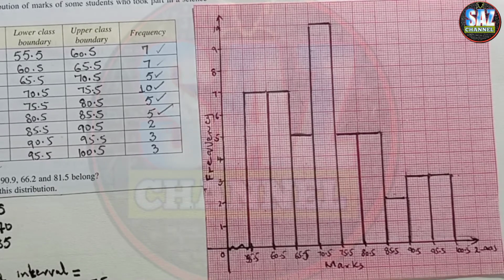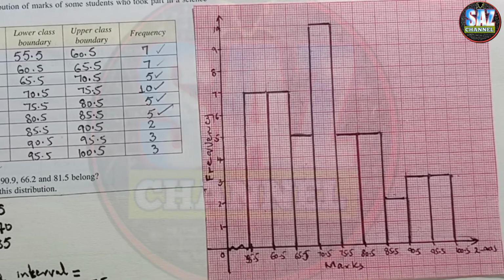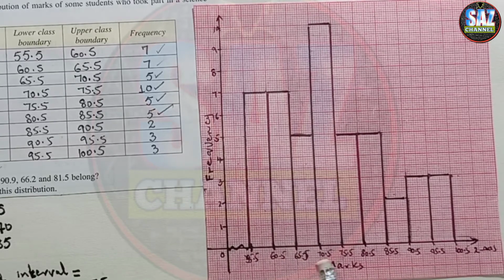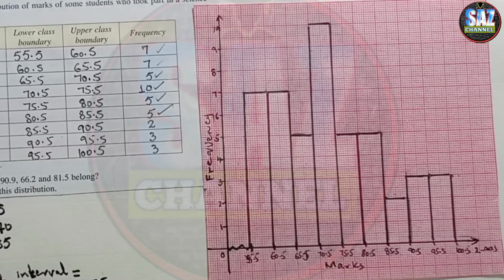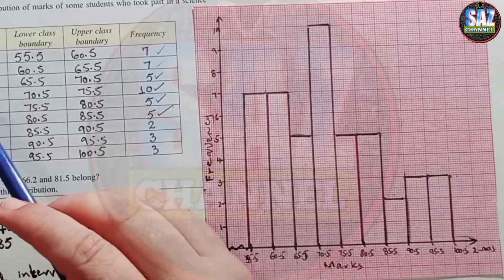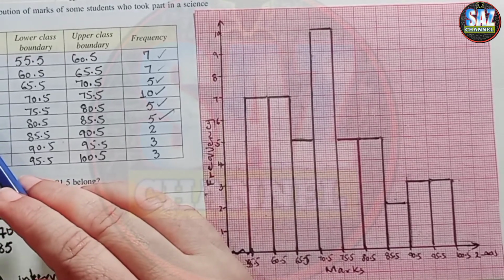Okay, the histogram is complete, and now before submitting my work, I have to see that the axes are labeled, the graph is drawn, and what is left. We have to write the title of the graph as well. So students, from where to locate the title, you have to read the main line of the question.